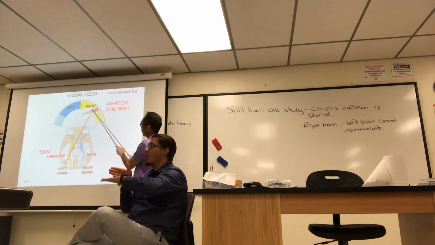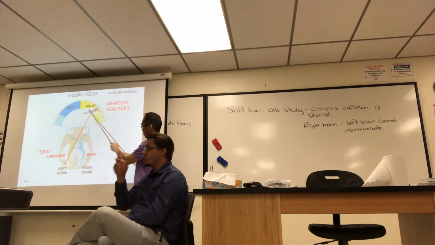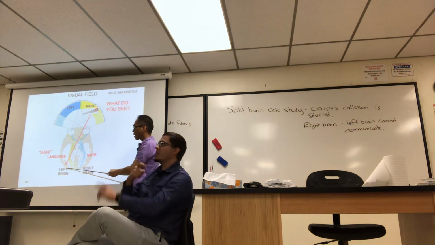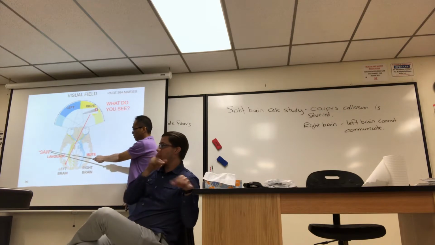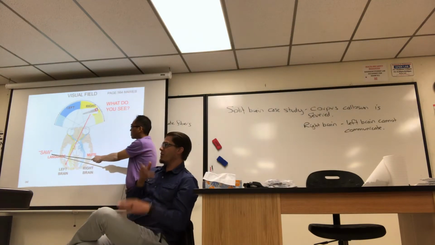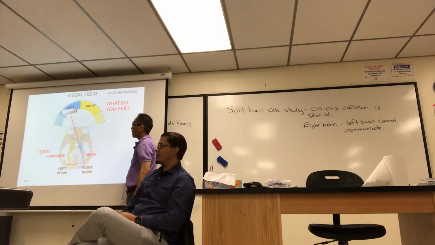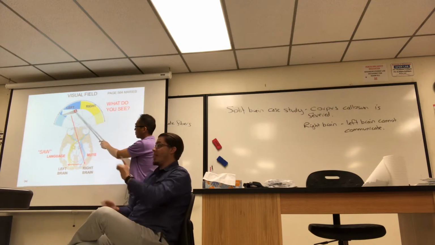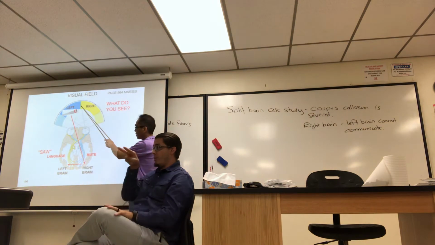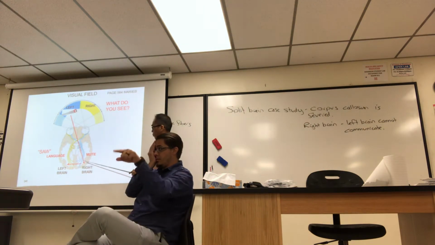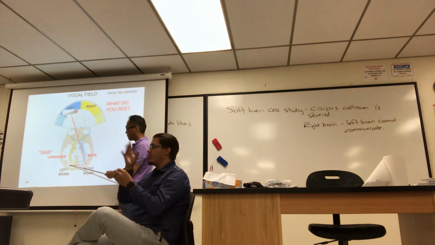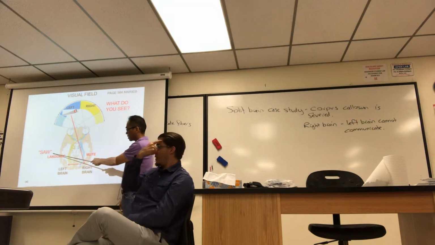All the information, because it's in the right visual field, will go to the left brain. Because the left brain can talk, when you ask the person what do you see, they'll say, oh, saw. However, if you put the information in their left field of vision, remember they're always gazing forward at a point, the information goes to the right brain, which can't talk. But that information is sent to the left brain, you ask the person, they say saw.